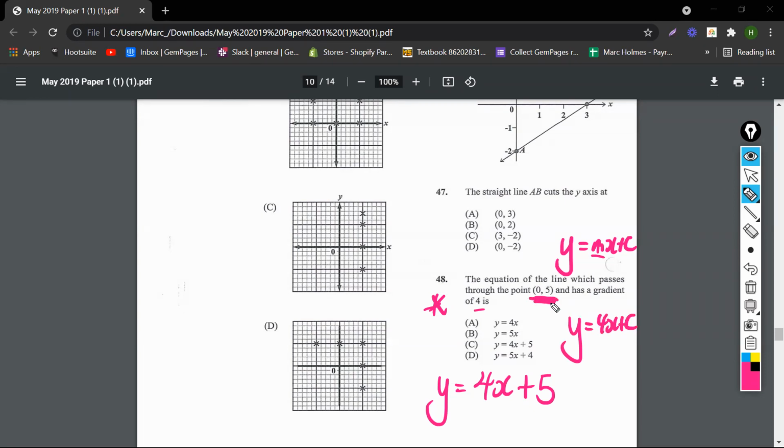But it says it passes through the point 0, 5, meaning when x is equal to 0, 4 times 0 is equal to 0, then c is equal to 5. y is equal to 5 at that point, and x is equal to 0. So c would be equal to 5. So that's why c ends up being the 5, guys.